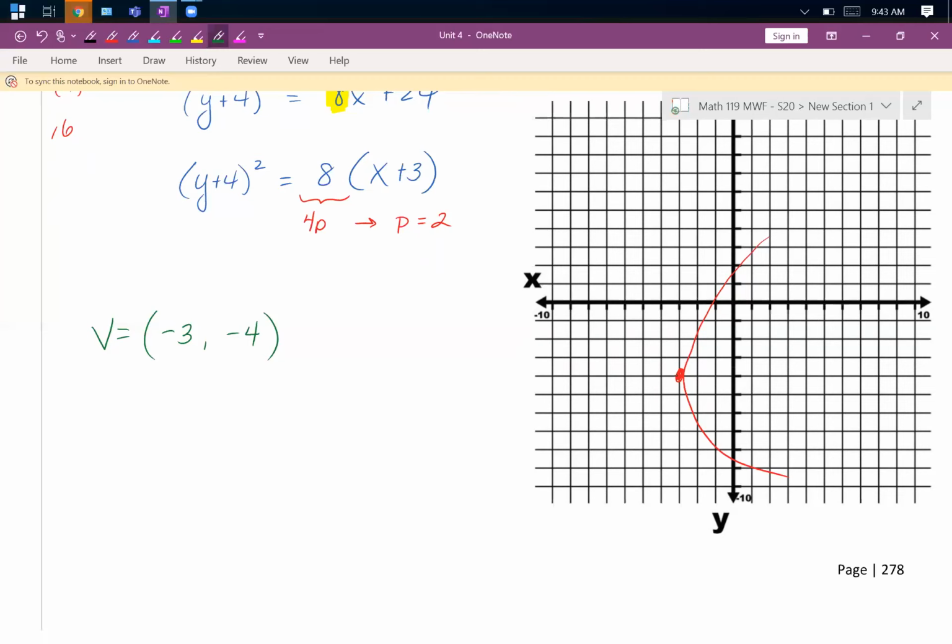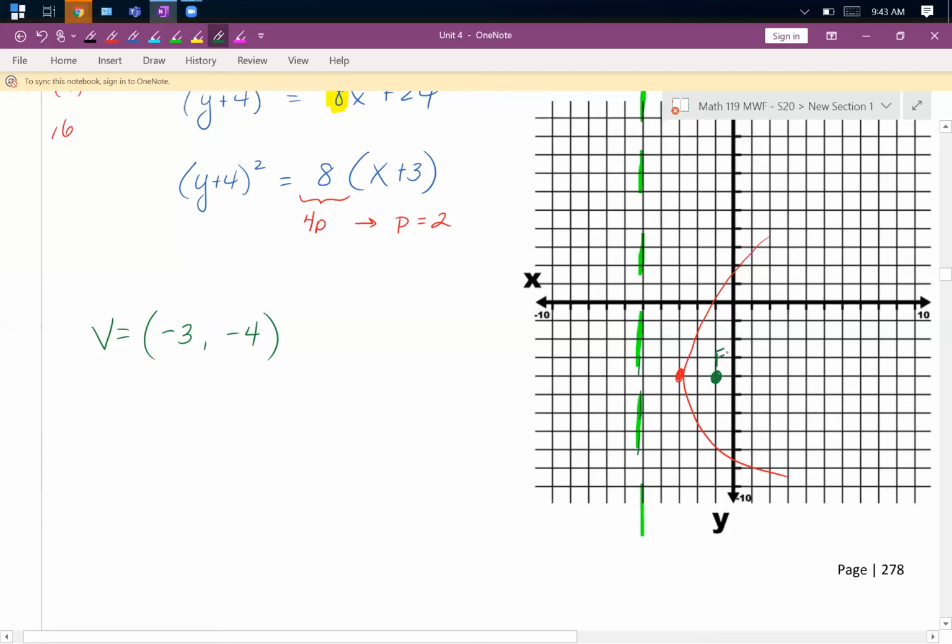So that means that our directrix is going to be 2 units behind it right here, and our focus is going to be located p units, 2 units, inside the parabola from my vertex. So it's going to be right here.